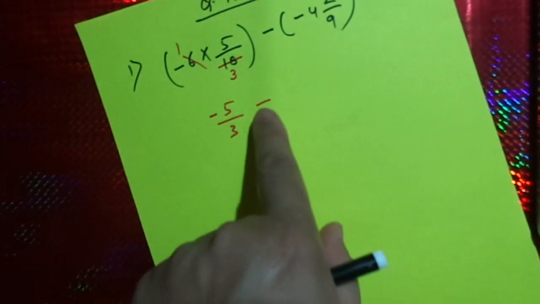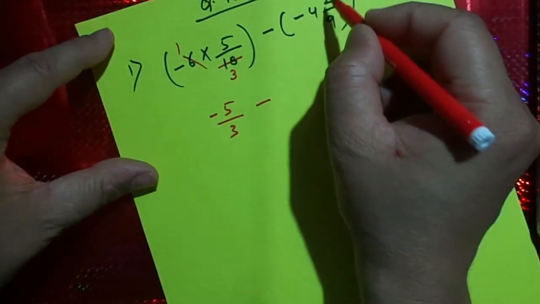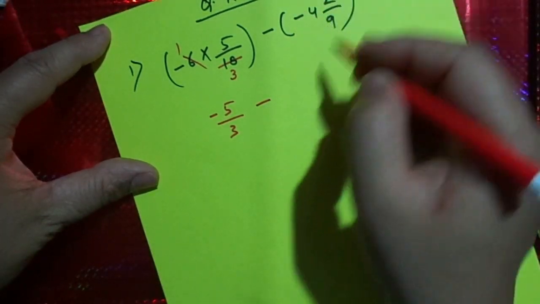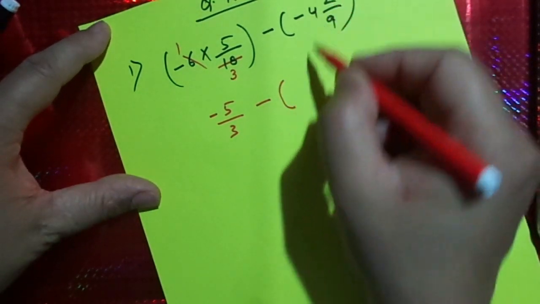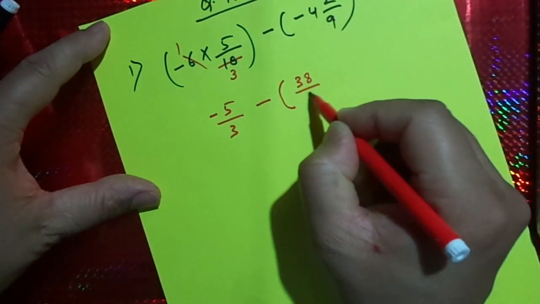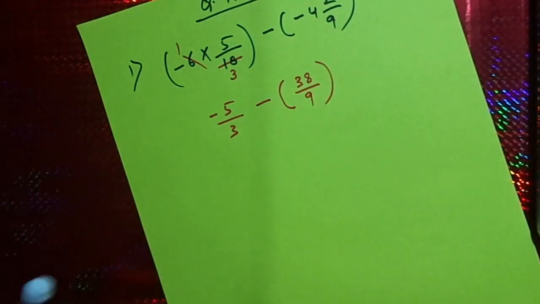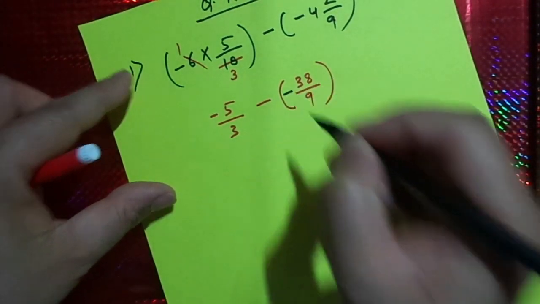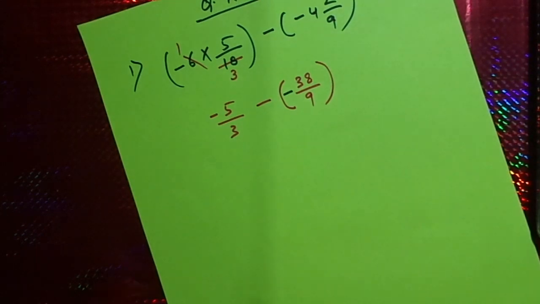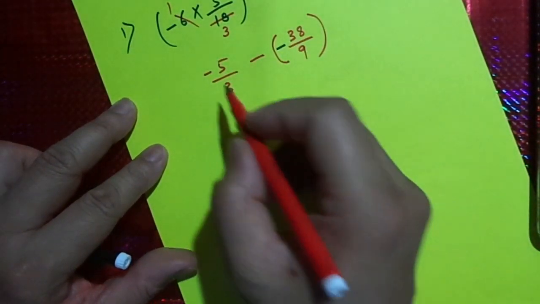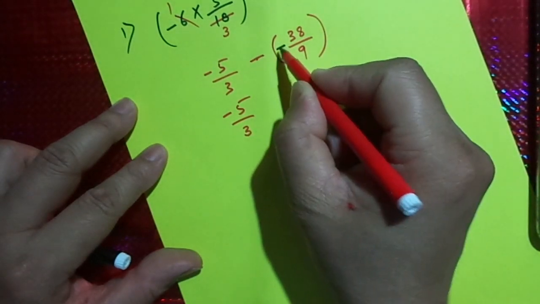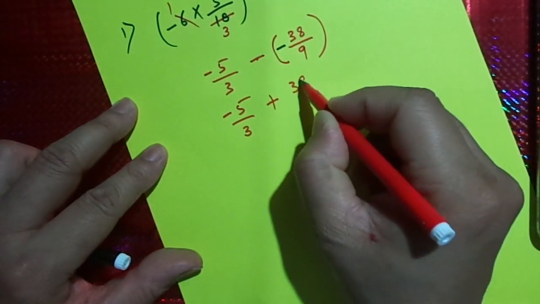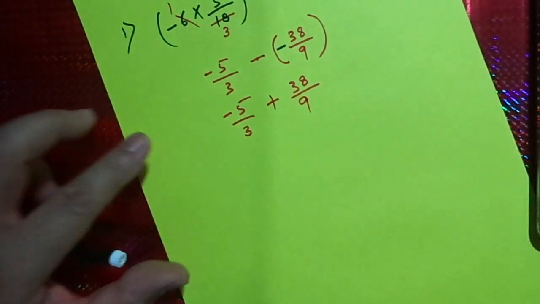Here you have minus sign, while this number will become 9 4s are 36 plus 2, 38 by 9. Remember, the minus sign is still over here. So now, before solving, minus 5 by 3, minus multiplied by minus is plus 38 by 9.